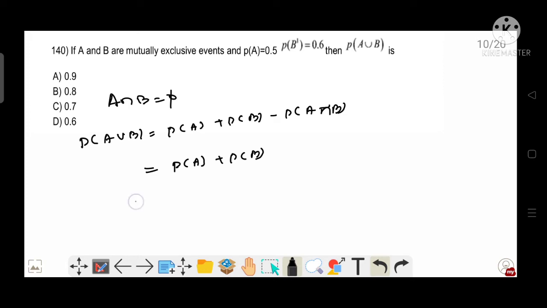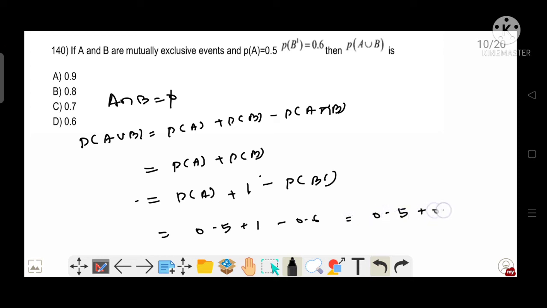So we can write probability of A plus probability of B complement, which is 1 minus probability of B. Probability of B is 1 minus probability of B complement, which is given, so 0.5 plus 1 minus 0.6, which is equal to 0.5 plus 0.4, which is equal to 0.9.